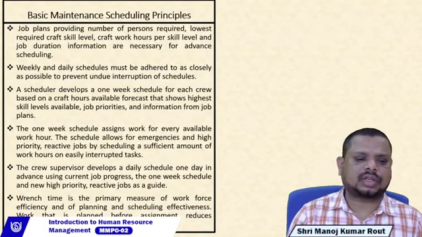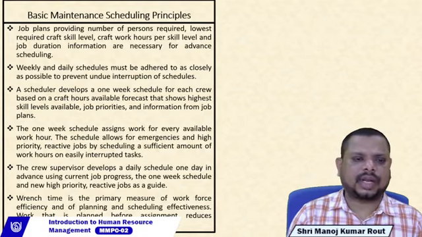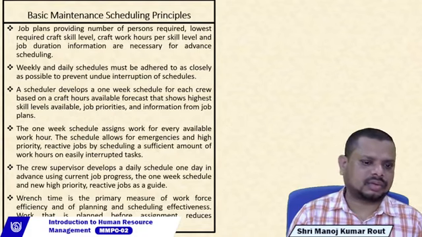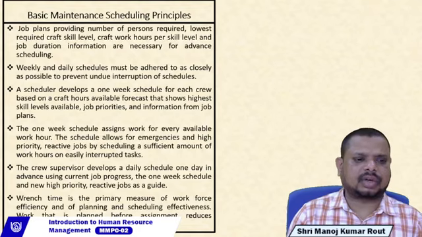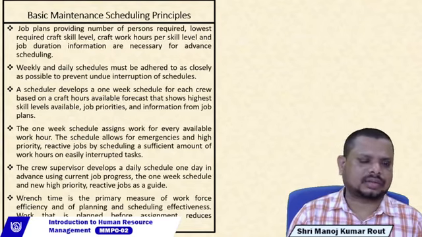And the last one is you have to focus upon workforce efficiency. So by providing maintenance schedules on a weekly or daily basis, we can improve the planning and scheduling effectiveness, which is very essential for industries, especially maintenance departments.